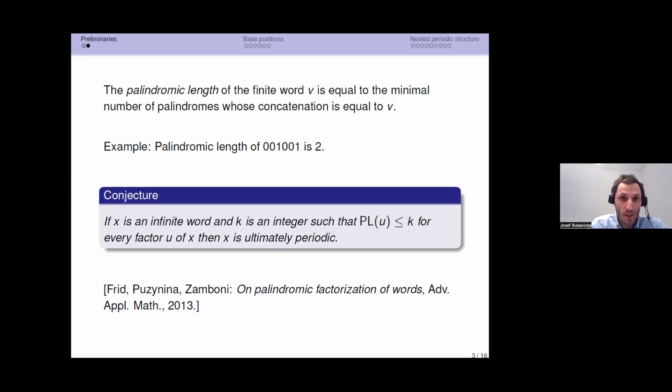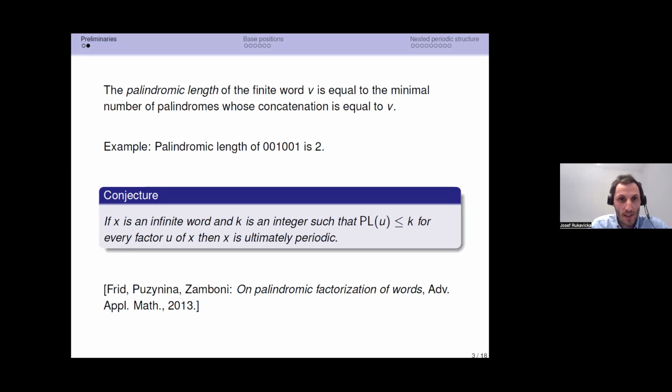For the moment, there were only partial solutions, and also some properties of the palindromic lengths have been presented, including my 2 papers I published in the past, dealing with palindromic lengths, where I presented some new properties. Of course, I tried to solve this conjecture, but I failed at the time.